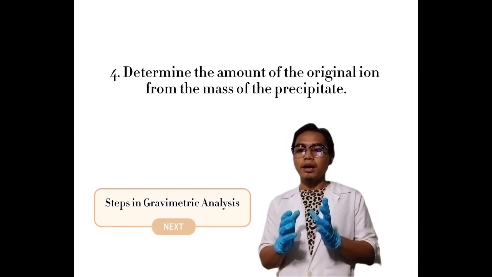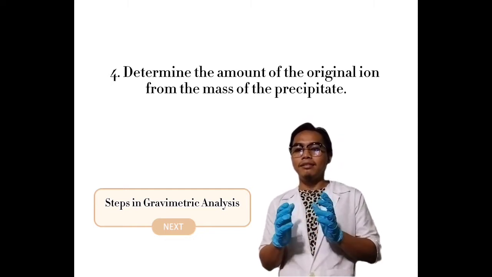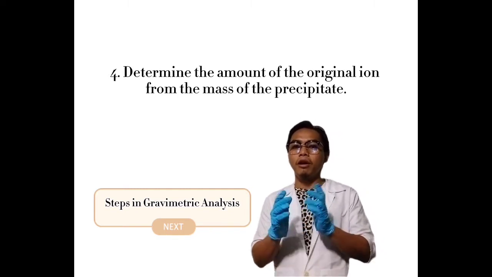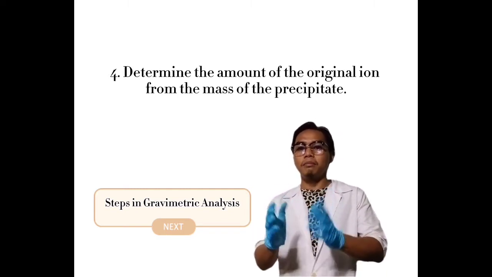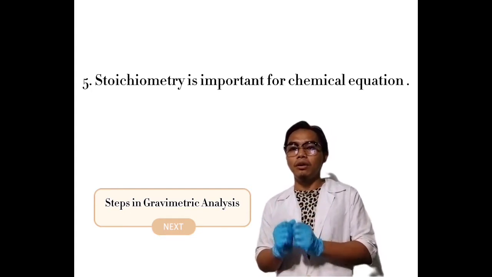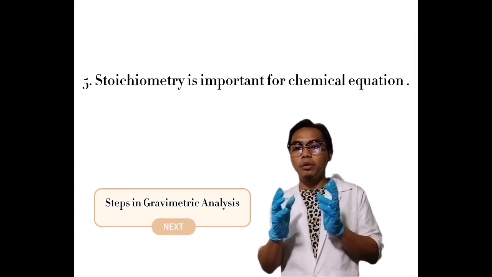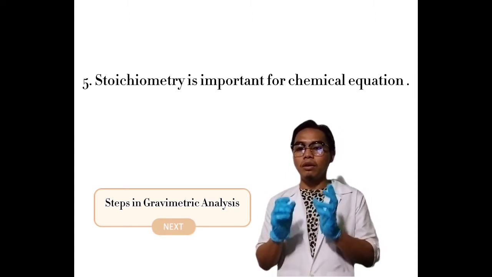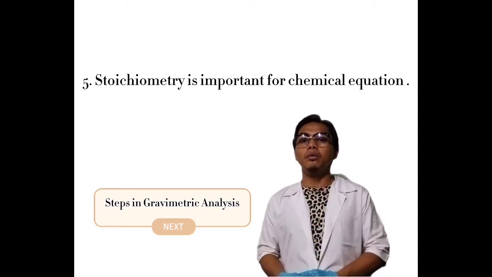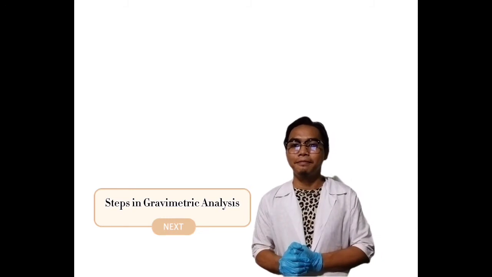Fourth is to determine the amount of the original ion from the mass of the precipitate of known composition. Lastly, we need to do data calculation, where we use stoichiometry as an important chemical equation for gravimetric analysis.